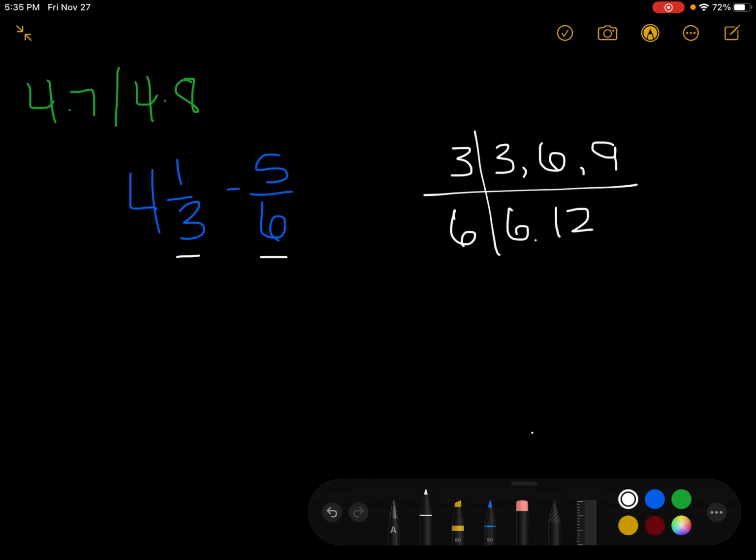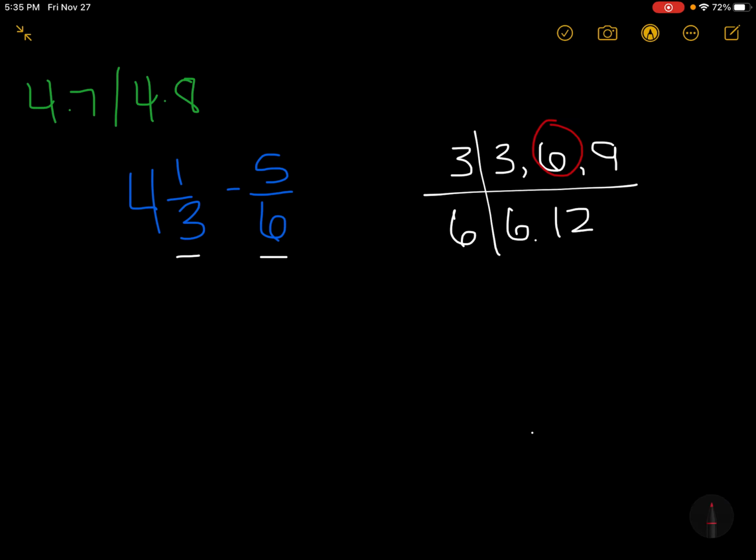I can already see a match. 6. Thankfully, our second fraction has 6 as that denominator already, so we're only going to be changing the denominator for the first fraction. So I want 1/3 to be something over 6.